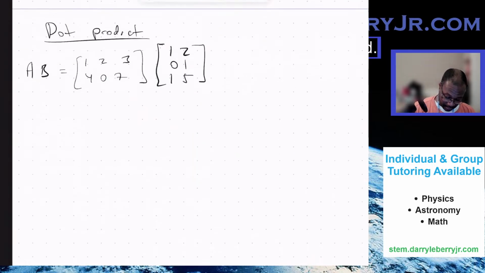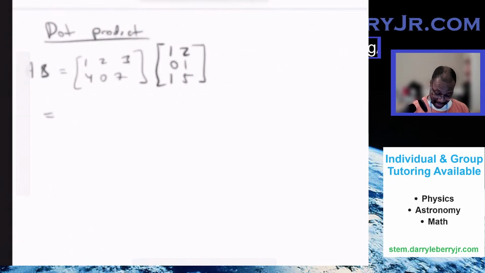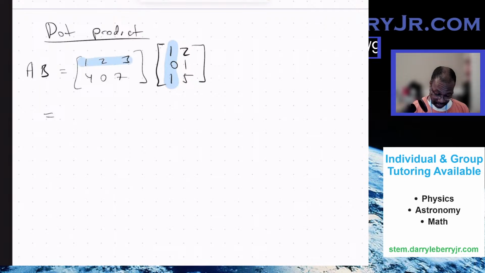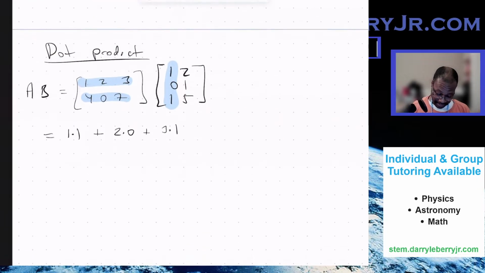So we can say that equals, and what I'm going to do is dot product each row by each column. So that'll be 1 times 1 plus 2 times 0 plus 3 times 1. And then you'll be going for a 2 by 2 matrix.